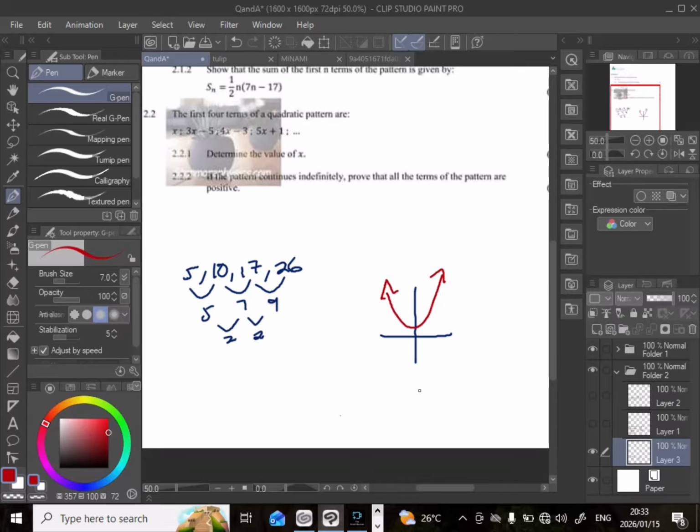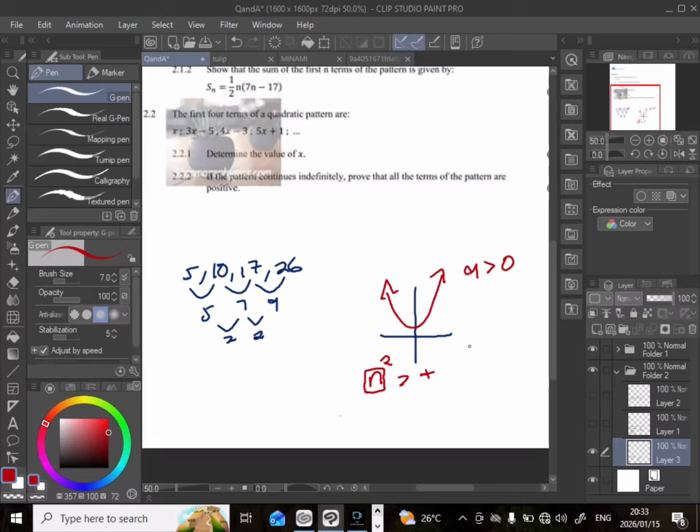Which means that the a must be positive, which means that this n here must be positive. Remember that. This is what we are supposed to be looking for.